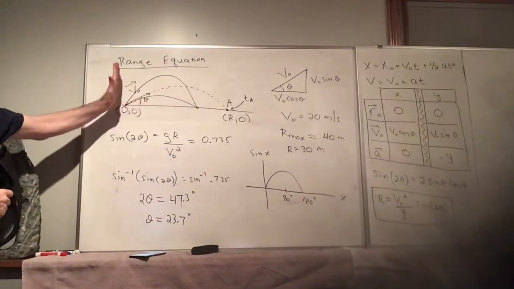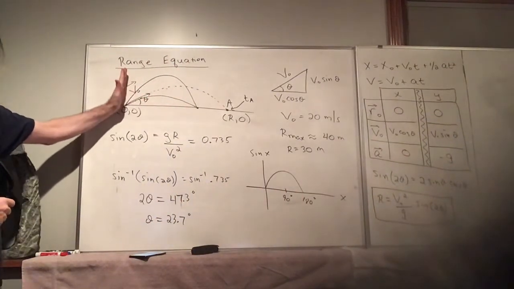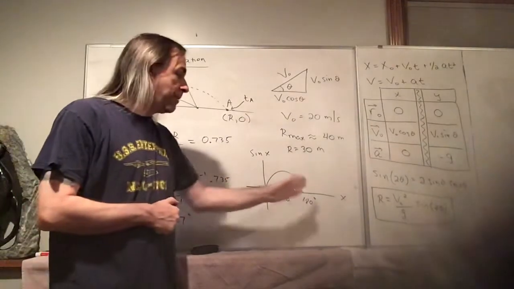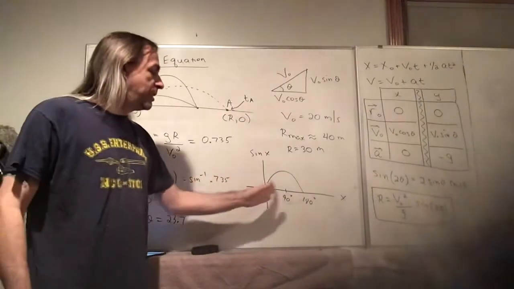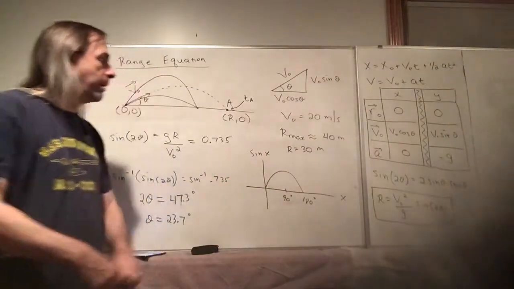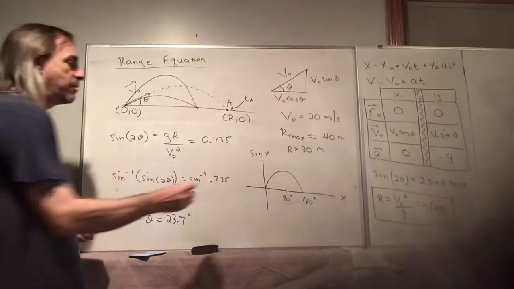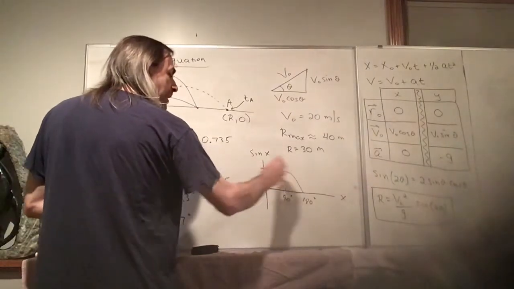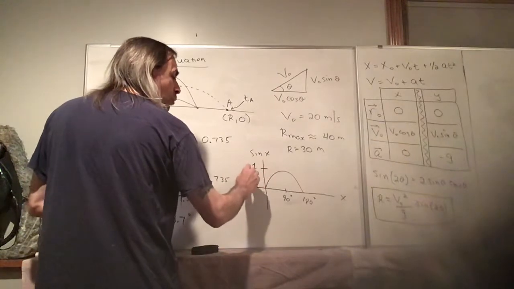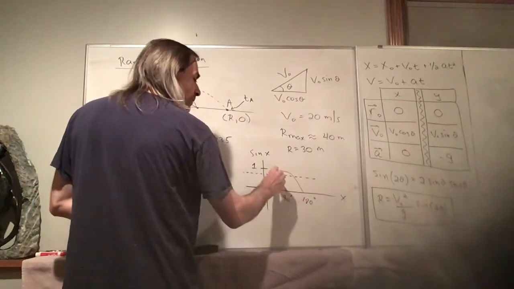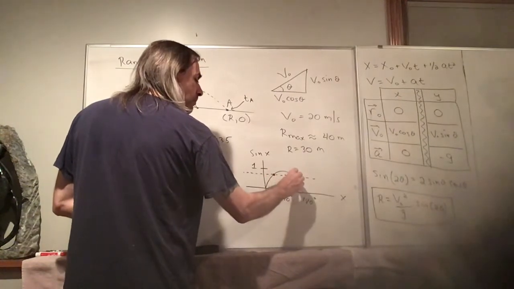Now theta has to be between 0 and 90 degrees, but 2 theta then could be anywhere from 0 to 180 degrees. So basically we want sine of 2 theta is 0.735. Remember the peak here is 1. So 0.735 would be here. So we are going to have 2 solutions.